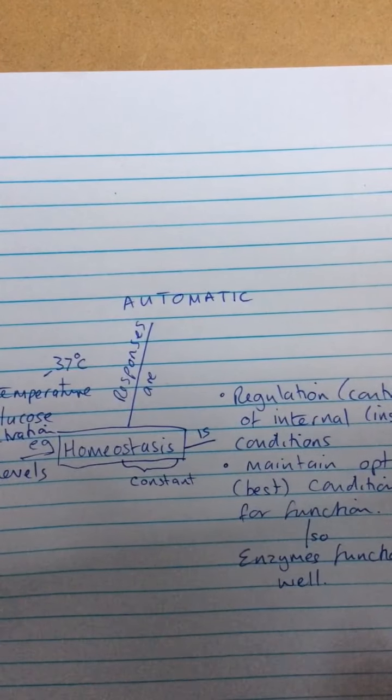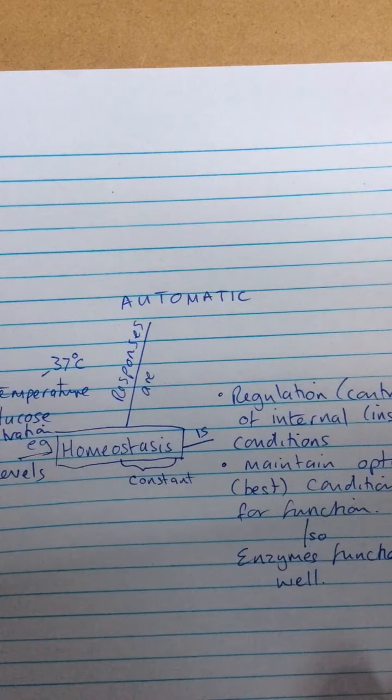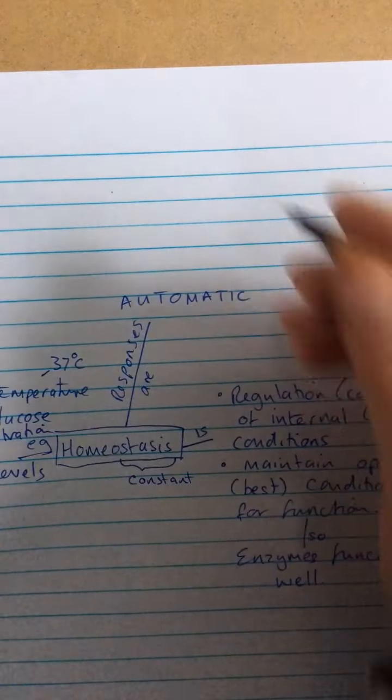Okay, so in homeostasis, the responses are automatic. You don't have to think about warming up or cooling down. You don't have to think about secreting insulin to control your blood sugar level. It just happens automatically. And there are two different systems controlling that.